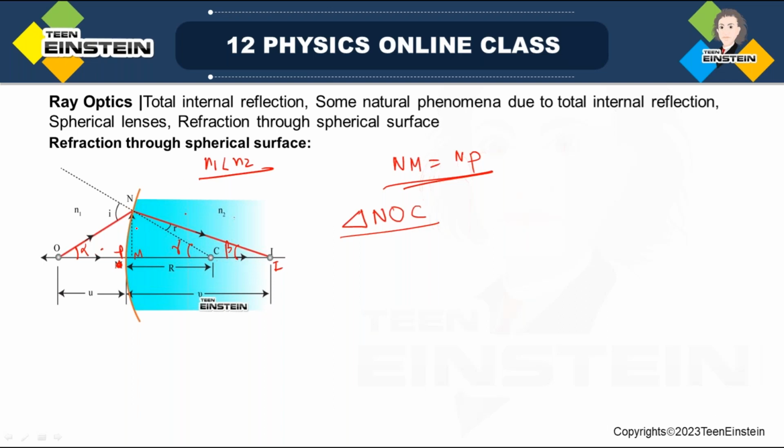In this triangle, the angle I will be the exterior angle. Since it is an exterior angle, I can write I equals the sum of the interior angles, alpha plus gamma.